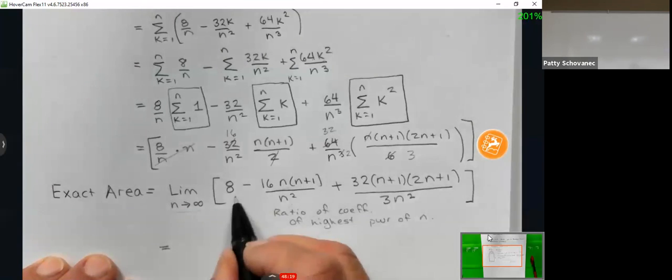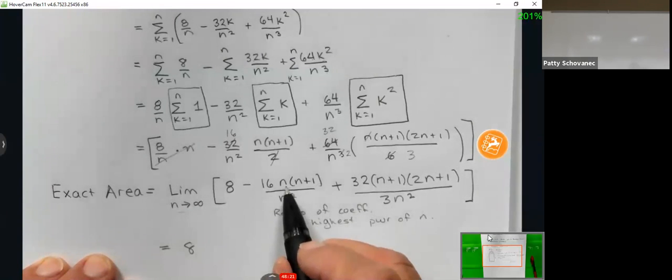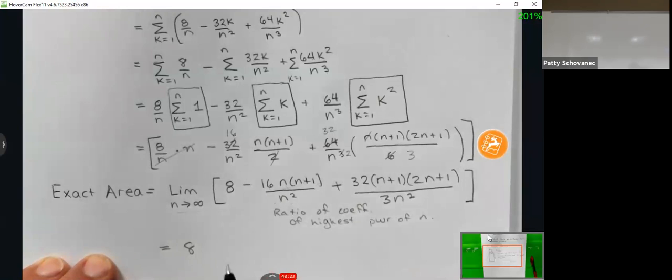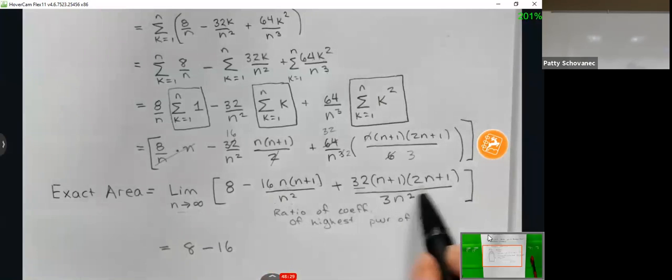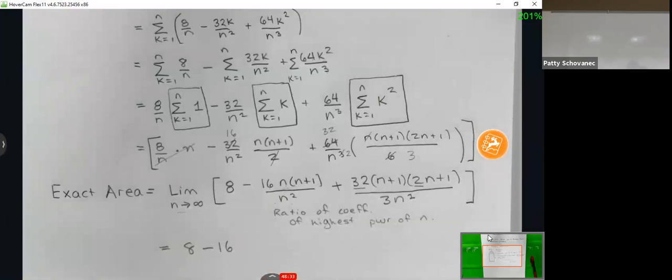And so we're going to get 8. This is going to be an n squared times 16 divided by 1n squared. So that's just going to give me the 16. This is going to be 32 times 2 times n squared, which is 64n squared over 3n squared, plus lower terms. So I'm going to get plus 64 over 3.